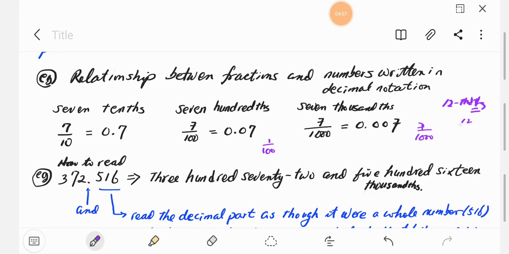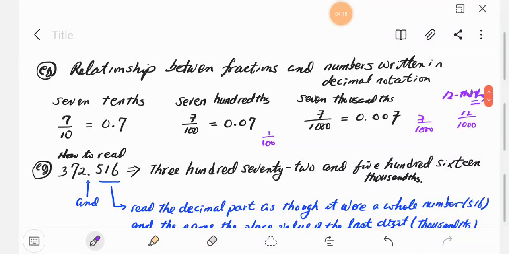Then you write 12 over 1,000. Simple, isn't it? So the 7 is the last digit in tenths. In 7 hundredths, 7 is the last digit in the hundredths place. And in 12 thousandths, the last digit is 2, which is in the thousandths place.